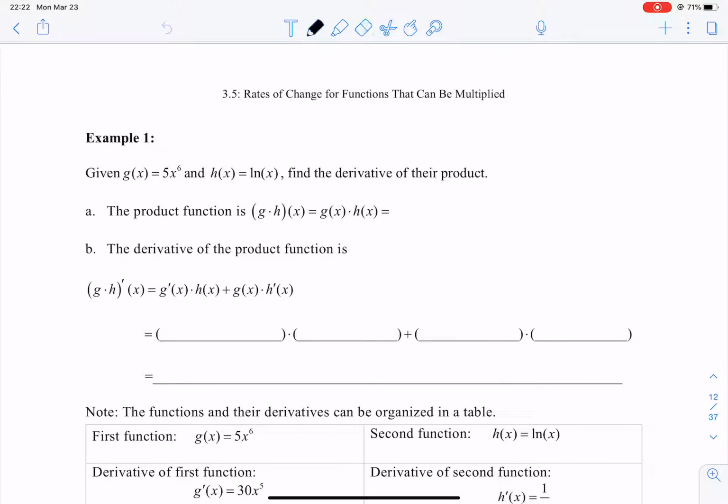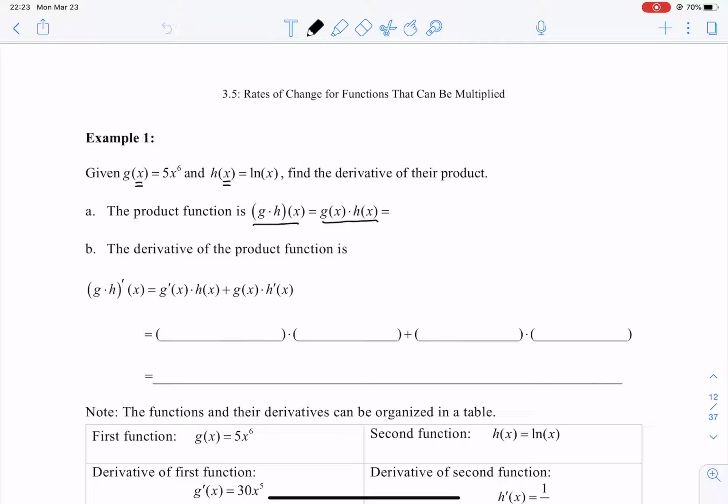So first, still you can see the two functions, one is g of x, the other one is h of x. Both of them are functions of x. Then let's see what is the derivative of their product. Question 1a, the product function is this one, g of x multiplied by h of x, and this is the notation for the product of two functions.